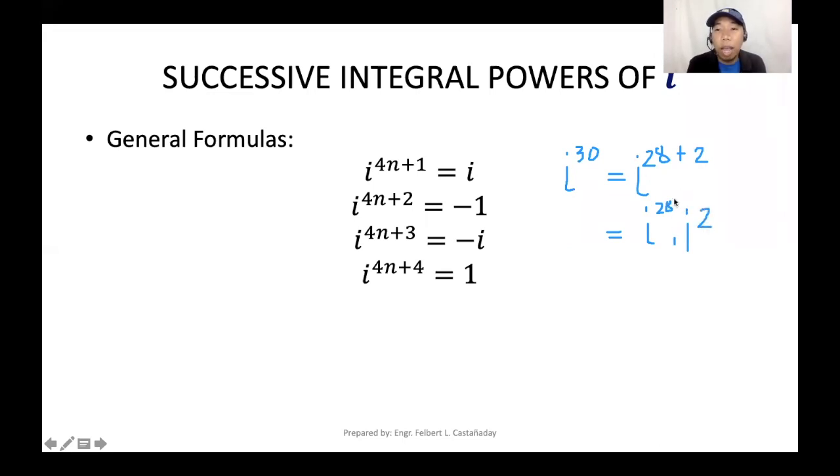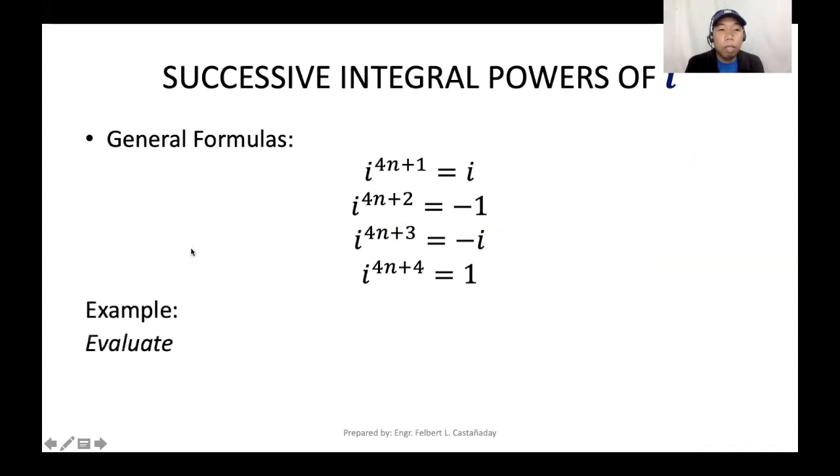And we know that i raised to a power divisible by 4 is equal to 1, and i squared is equal to negative 1. So this illustration actually shows us the second formula: i raised to a power divisible by 4 plus 2. So the answer is negative 1.